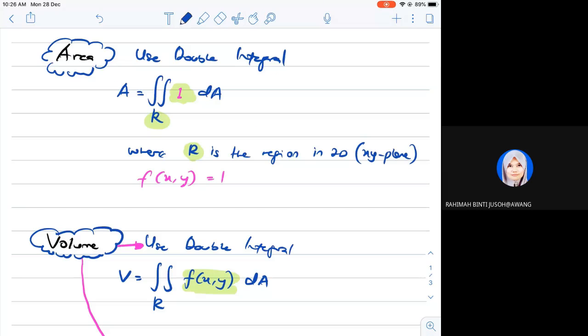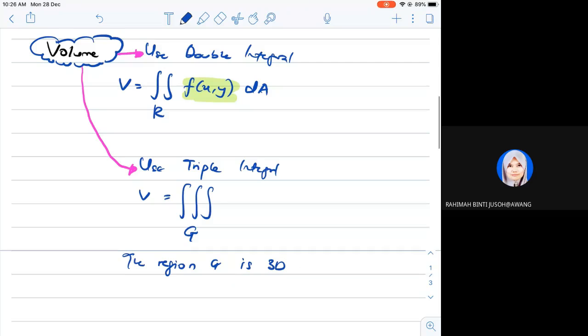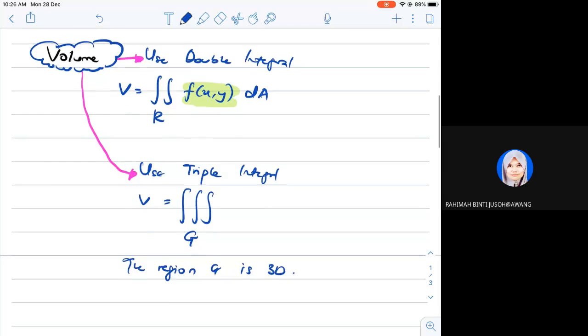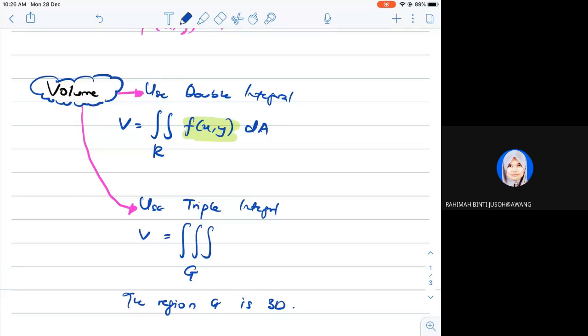Earlier it was 2D for region R, but for region G, it must be 3D. And for volume using a triple integral, we don't have any function in the middle, so you can just put dV like this.